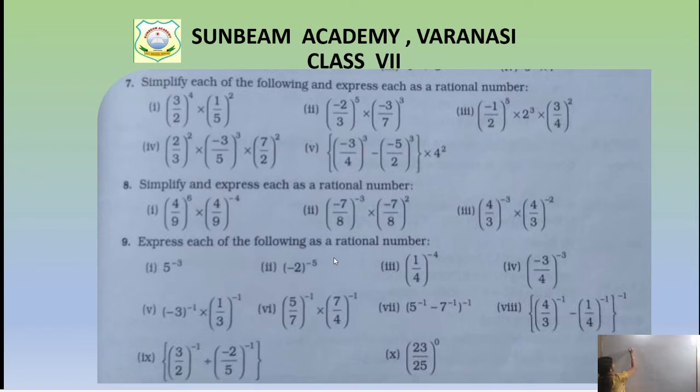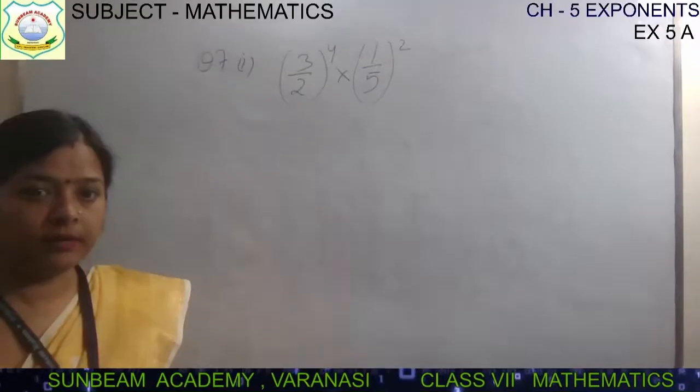Question number 7 first part is (3 by 2) to the power 4 into (1 by 5) to the power 2. Children, this you have to simplify and you have to express this as a rational number.